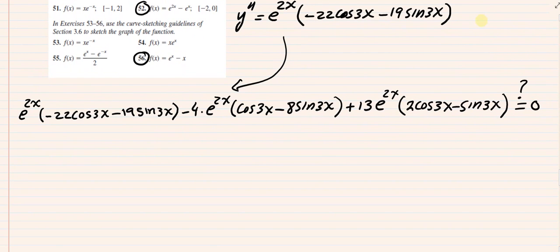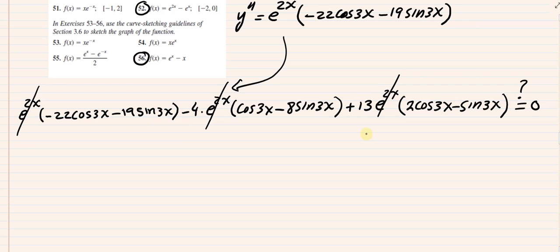Alright, the rest is some really simple extrapolation here. Just combine like terms and see what happens. First of all, everything has e to 2x in it, right? So we can divide both sides by e to 2x if you like. So e to 2x goes away.